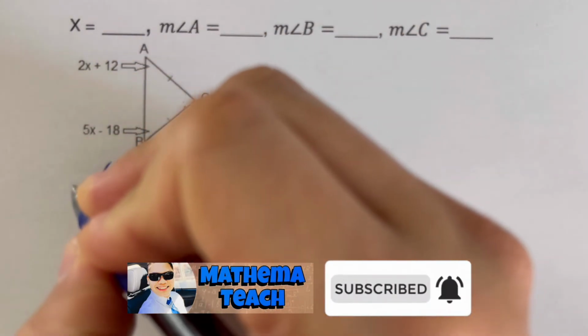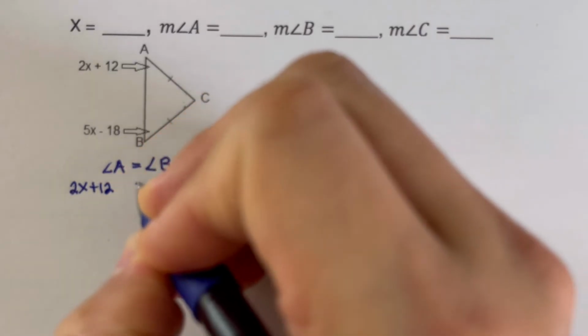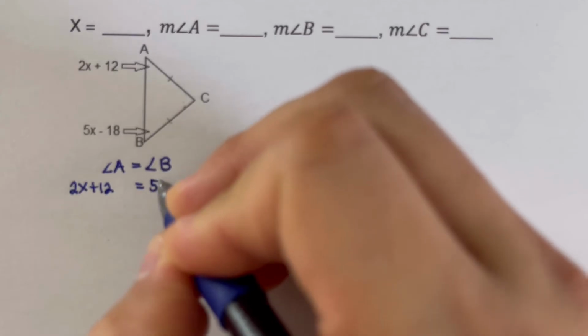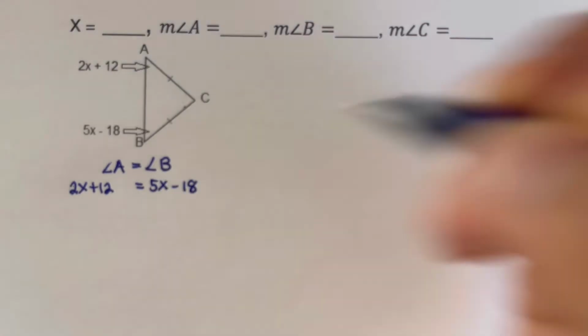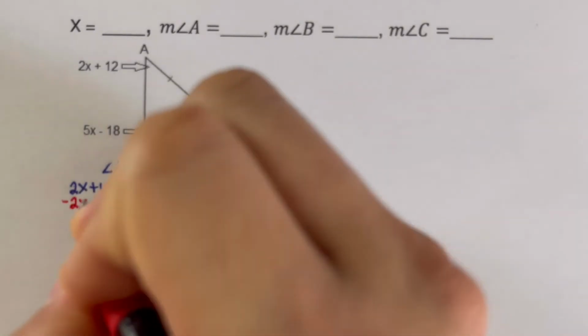That's going to be 2x plus 12, that is angle A right there, and then our angle B is 5x minus 18, so we go ahead and solve for x. I'm just going to show the work down here.